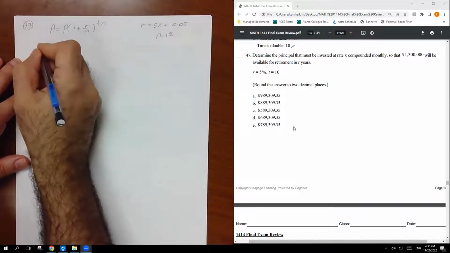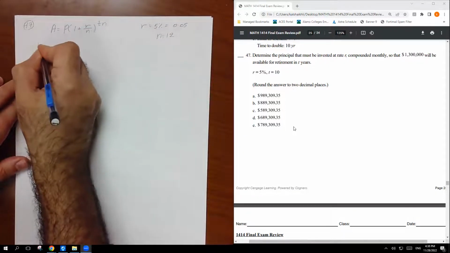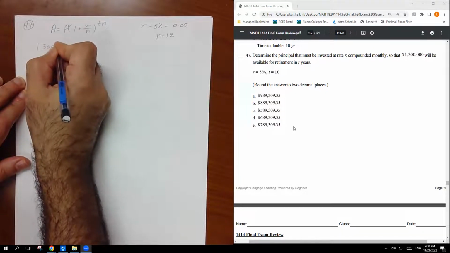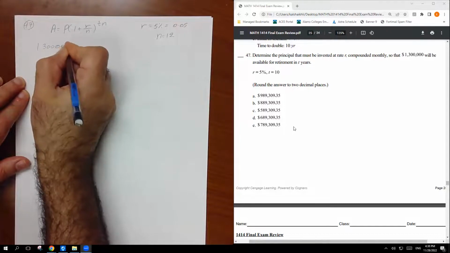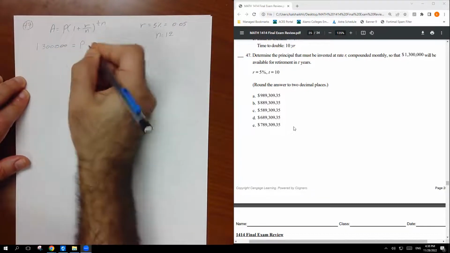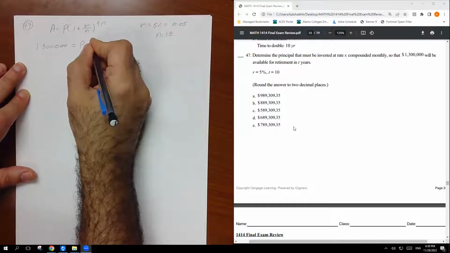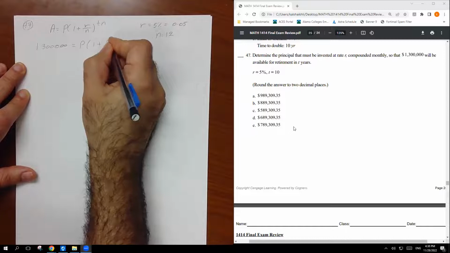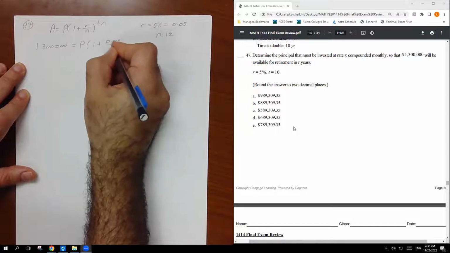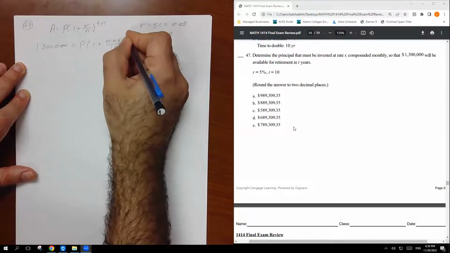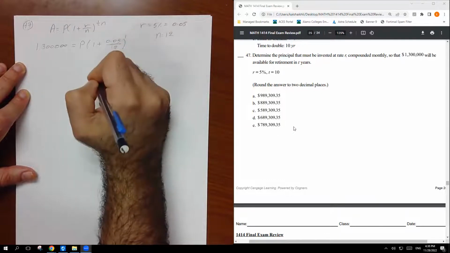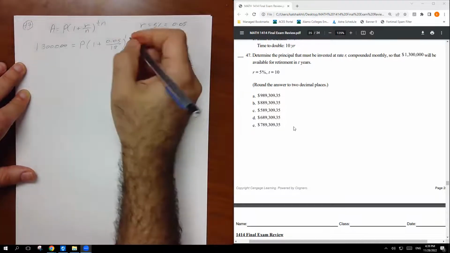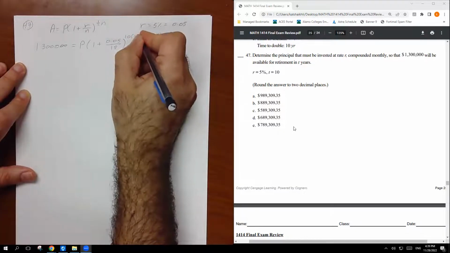So here is going to be 1,300,000 equals the principal times (1 + the rate 0.05 divided by 12) to the power of t times 12, where t equals 10, so 10 times 12.